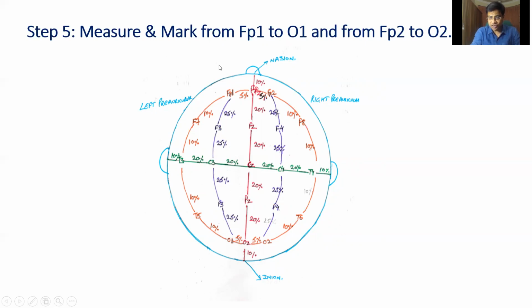So 50% from FP1 to C3, the middle of this, will be marked as F3. From C3 to O1, the middle of this is P3.